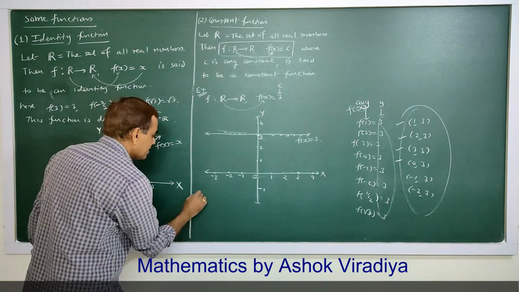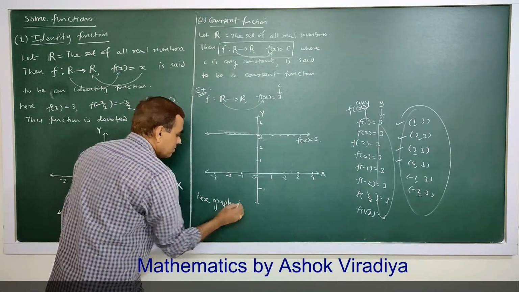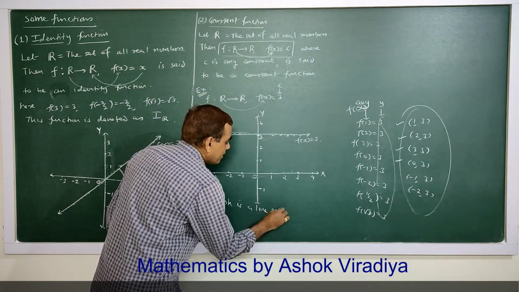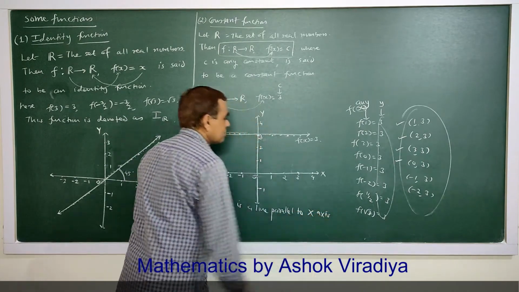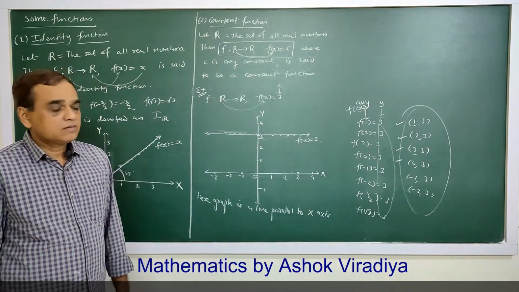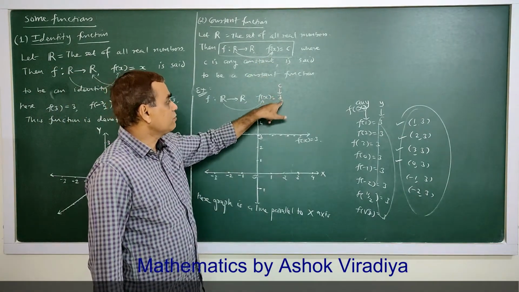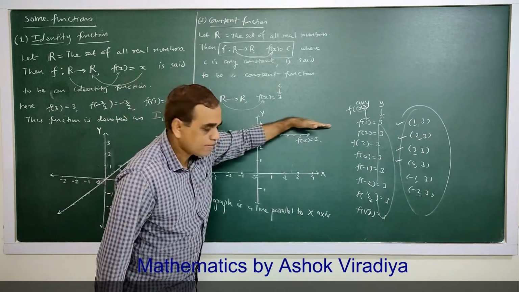So here the graph is a line parallel to x-axis. Here to understand this graph, I have taken c equal to 3. If c is 4, then it will pass through 4.